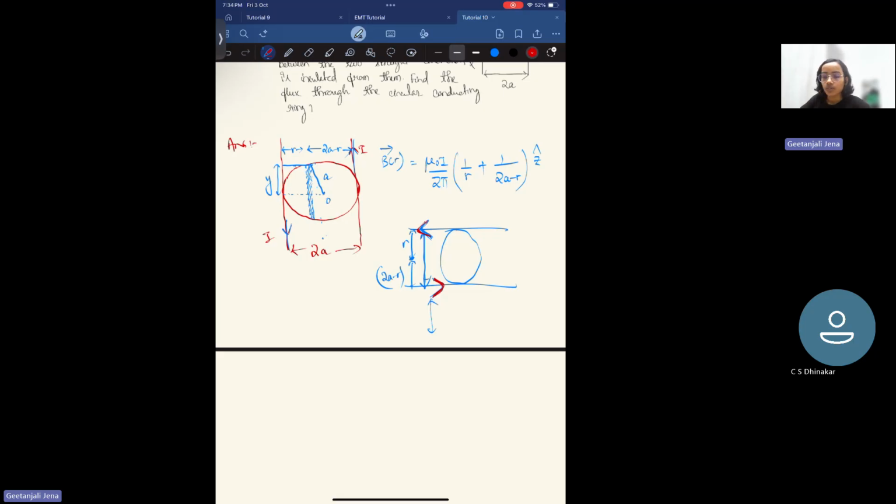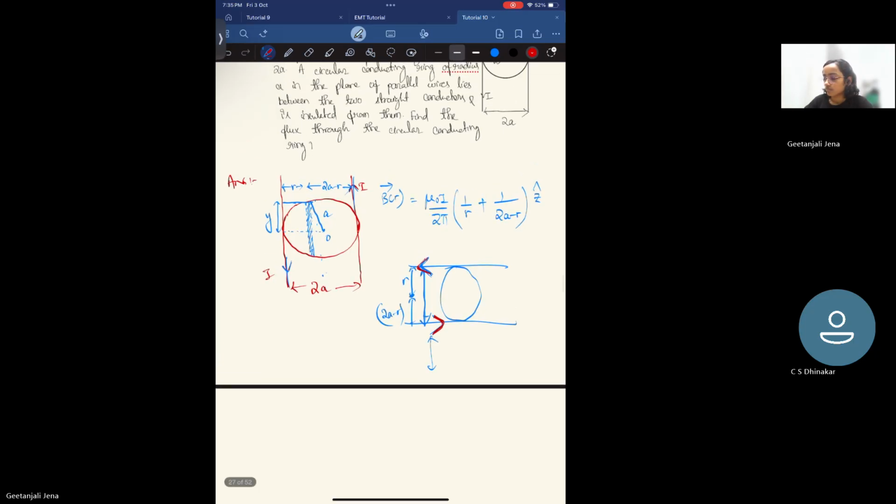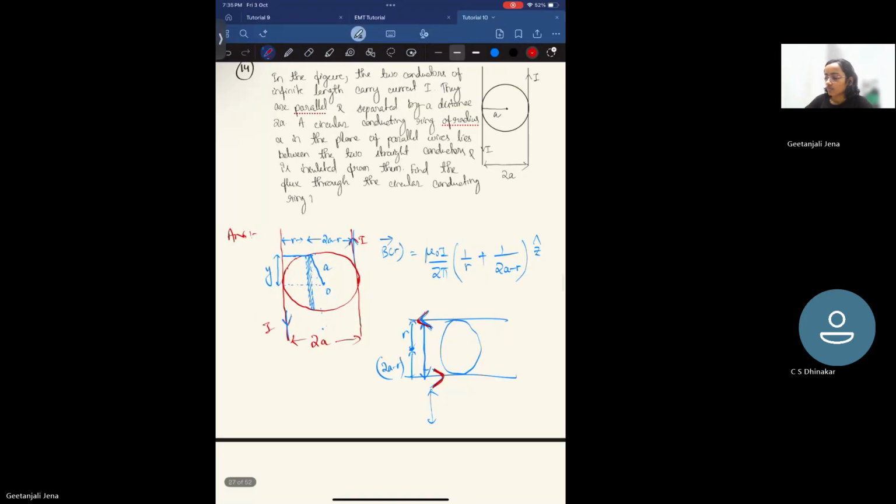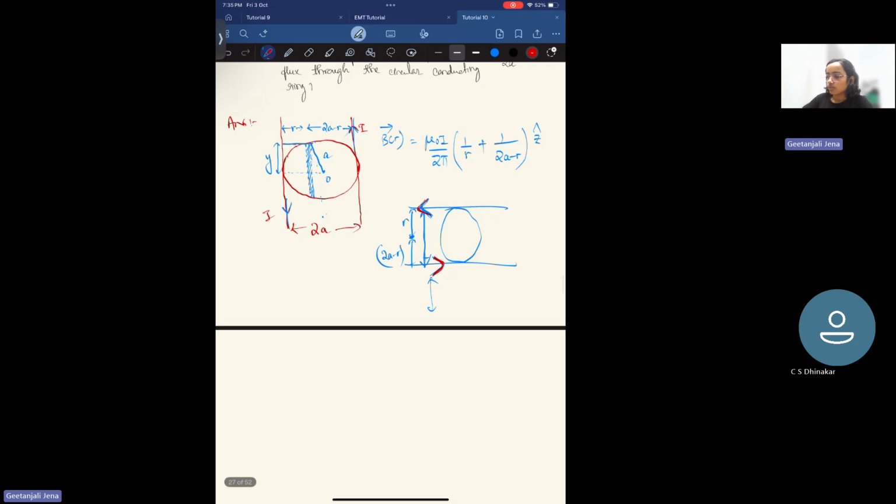So that means they will add up, they won't cancel. Is it clear now? Okay, so now we know the magnetic field.